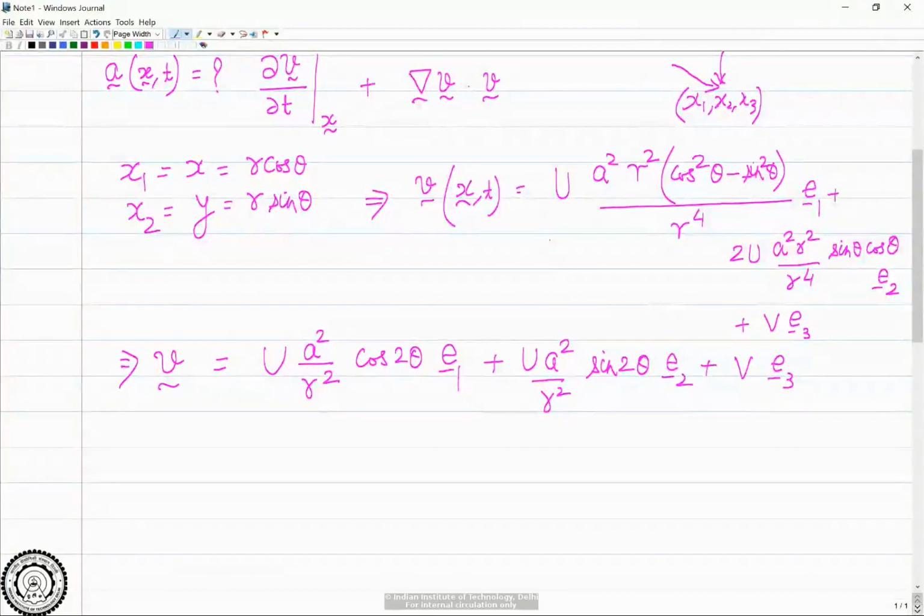Okay, and can we also change E1, E2 to cylindrical coordinate systems, ER and E theta? So I hope you guys are aware of the cylindrical coordinate system. If it is there, then at any location little r, theta, ER is pointing radially outward, whereas E theta is perpendicular to ER and in the direction of increasing theta.